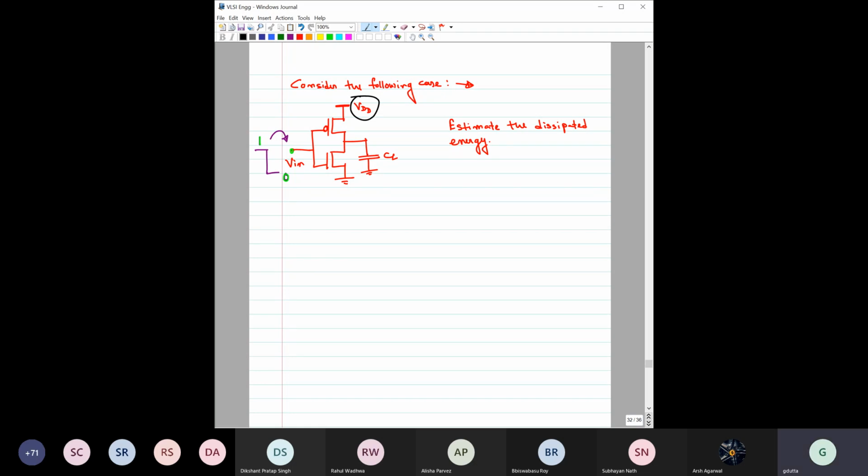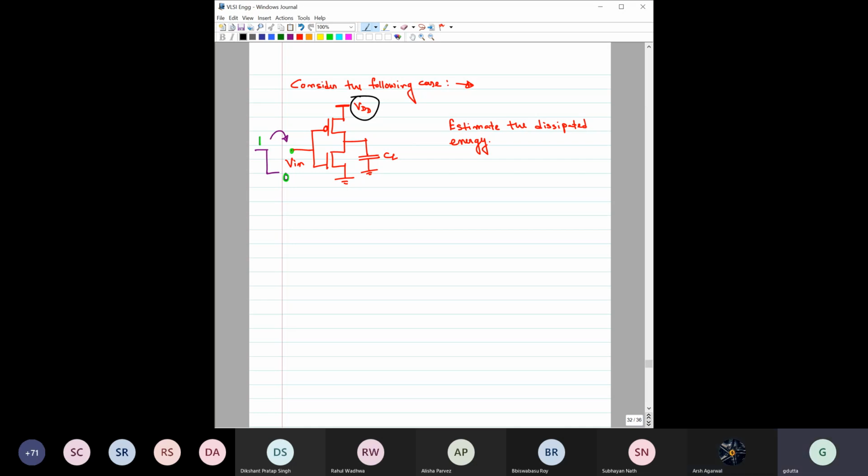Yes, Arsh? Half CL VDD square. Why do you say it should be half? Because the energy stored in the capacitor, when Vout goes from 0 to 1, would be that much energy stored.